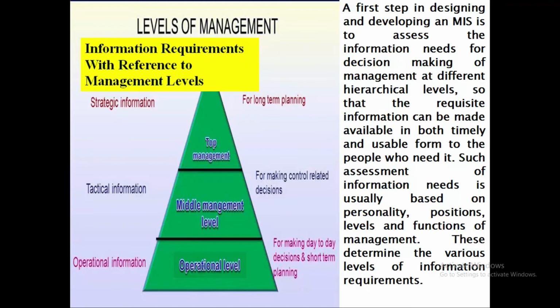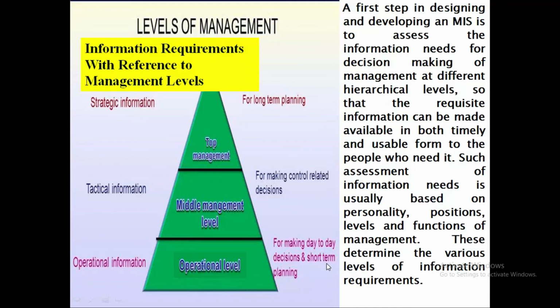So it is quite clear here, if you can see, that the information system must be able to access the information of strategic use for top management, for the long-term planning, and the same information system must be able to give tactical information for taking control-related decisions for the middle level management. And the same information system should be able to give operational information to the operational staff so that they can take their day-to-day decisions quite quickly and accurately too.